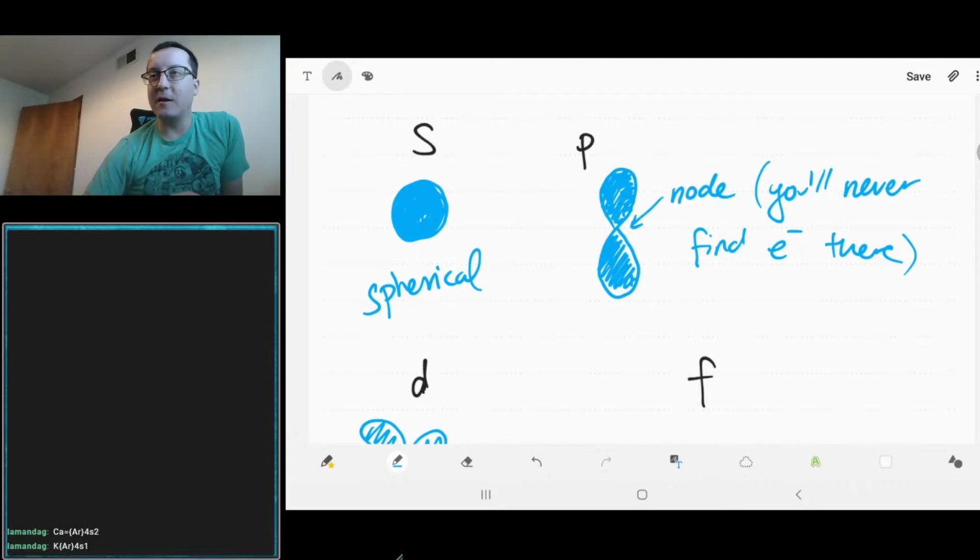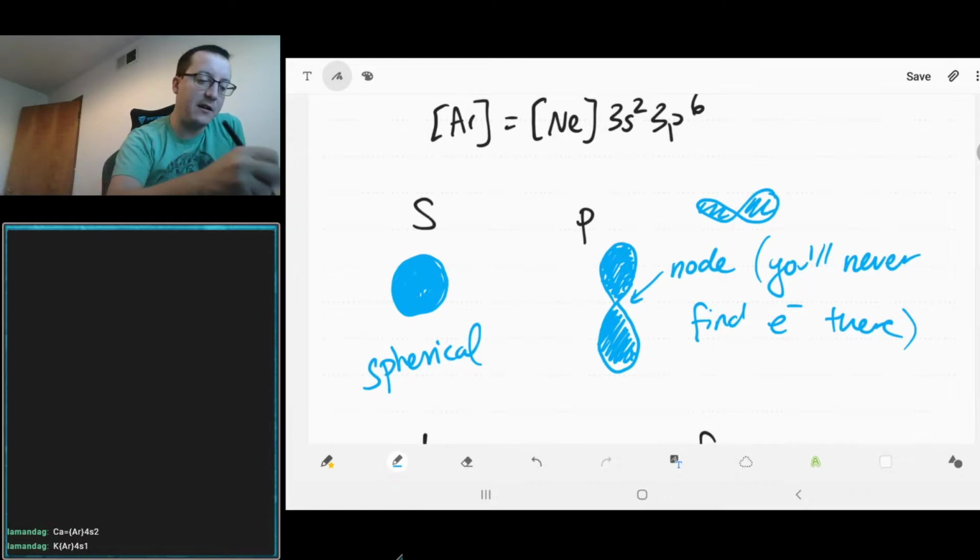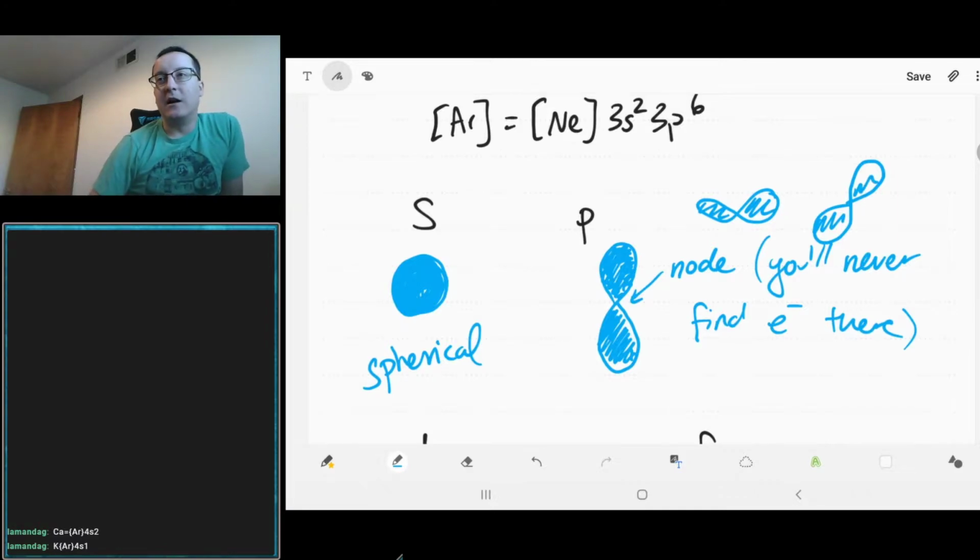They all look the same, they're just in different directions. So that's one of the p orbitals. You'll find another one that's horizontal instead of vertical, and there's one that goes diagonally, in just the x, y, and z directions. That's what the p orbitals look like.